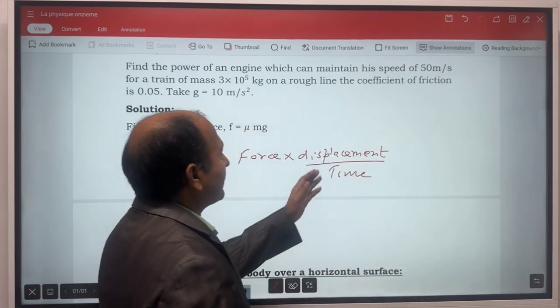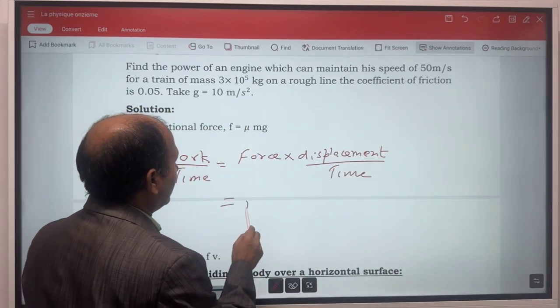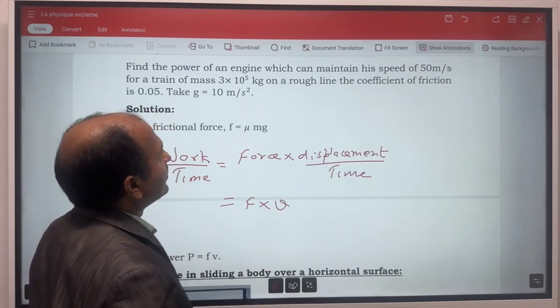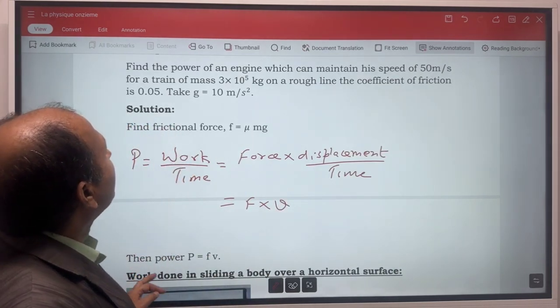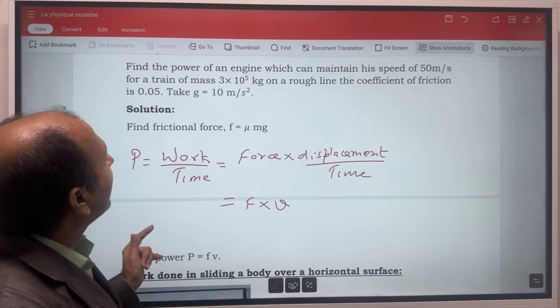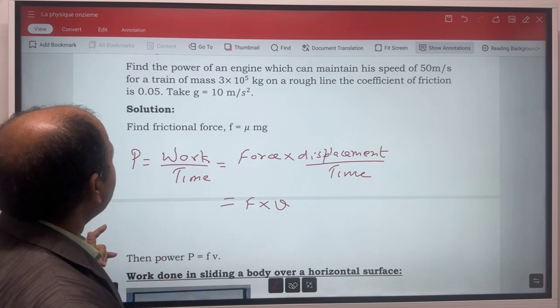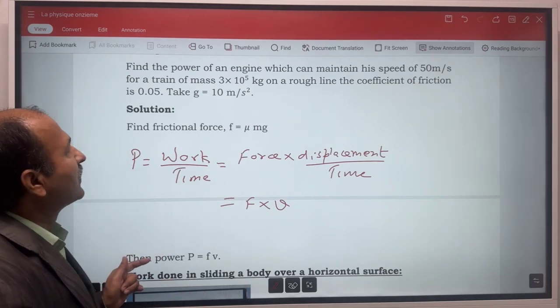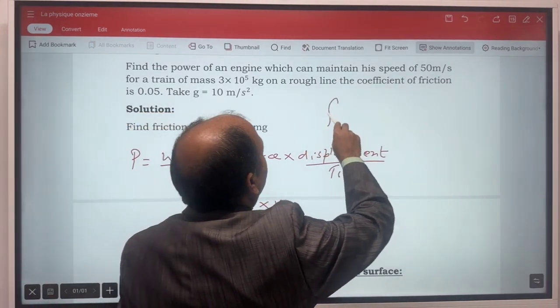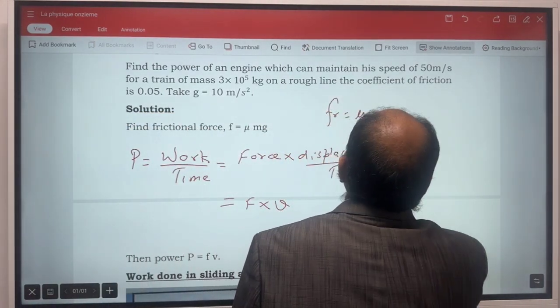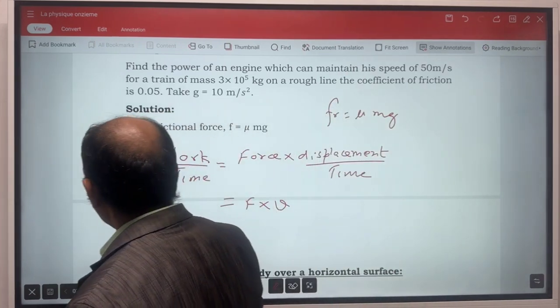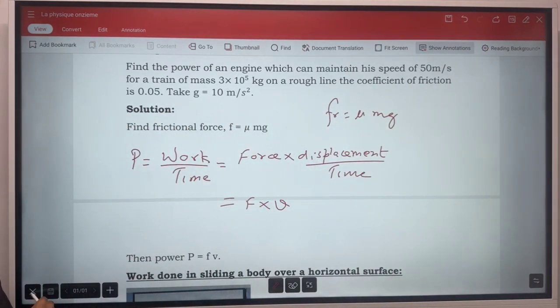If you remember, displacement upon time is velocity, so force into velocity. So in our question, it is simple. First of all, we have to find the frictional force. Frictional force, as you know, Fr is mu mg, and after that this frictional force is multiplied by velocity to get the power of the engine.